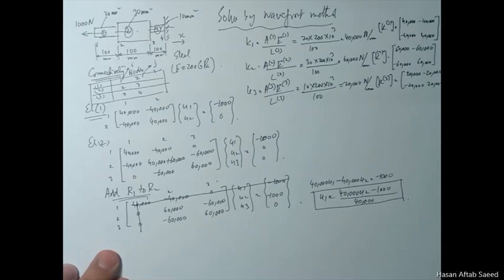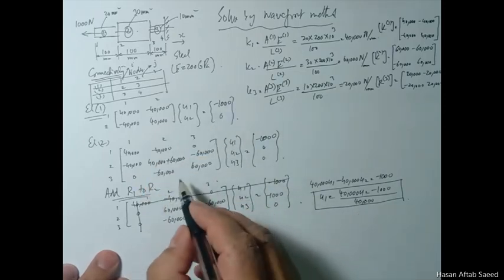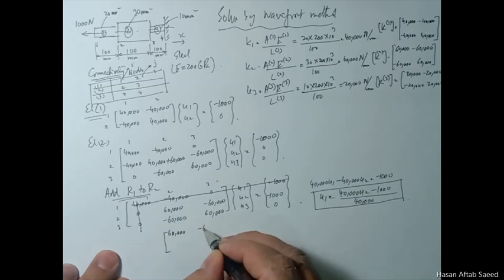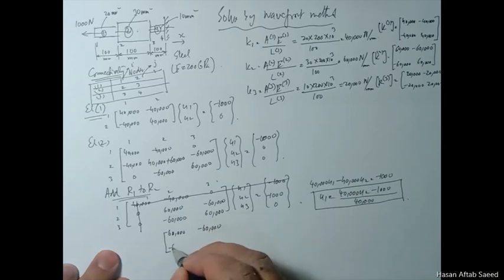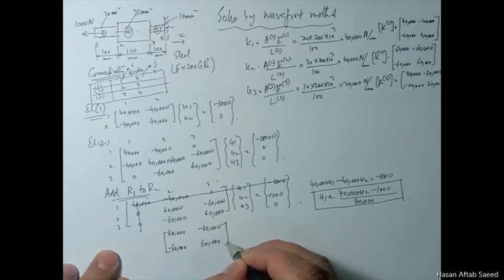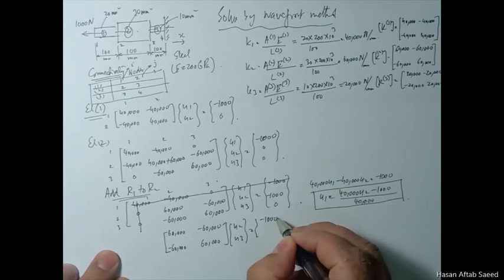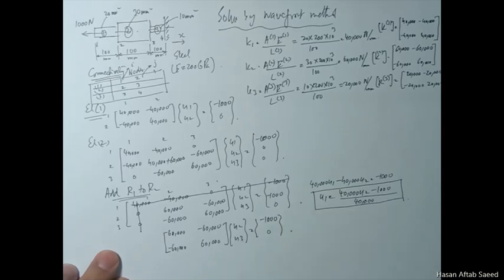So if that is the situation, then this matrix actually becomes this only. Two by two.